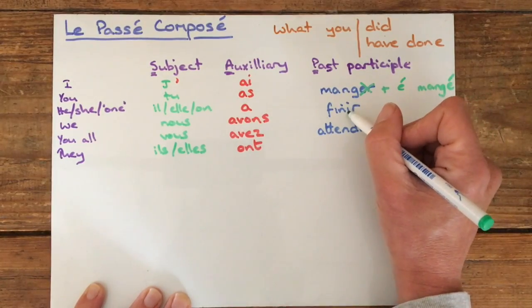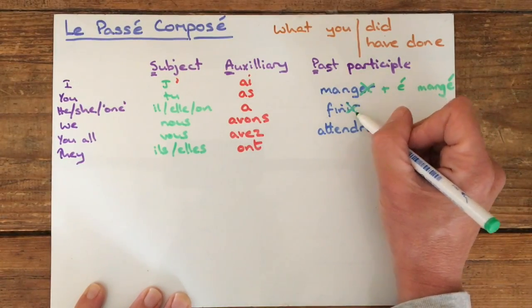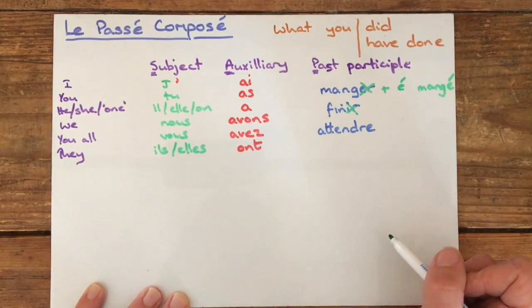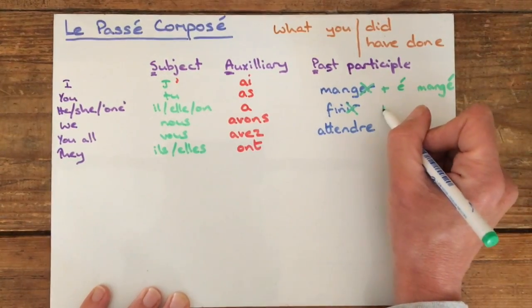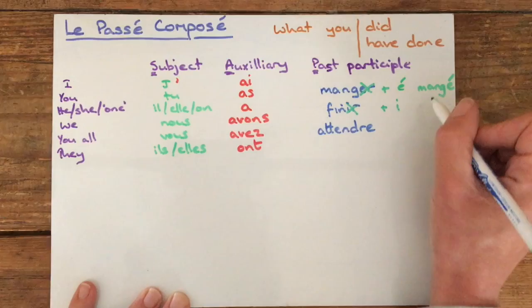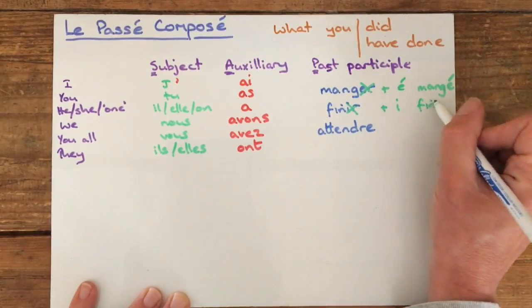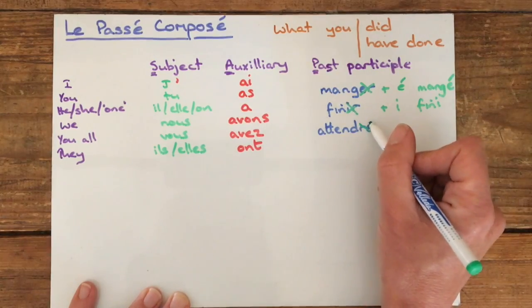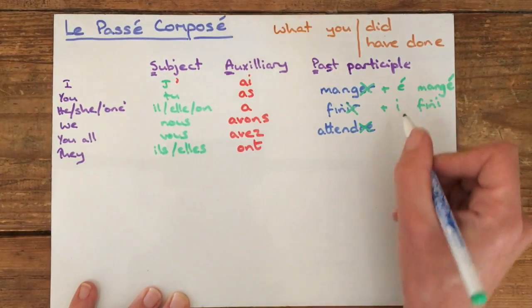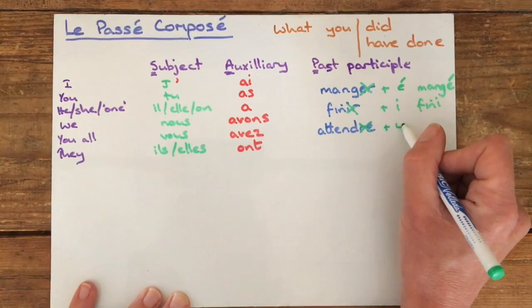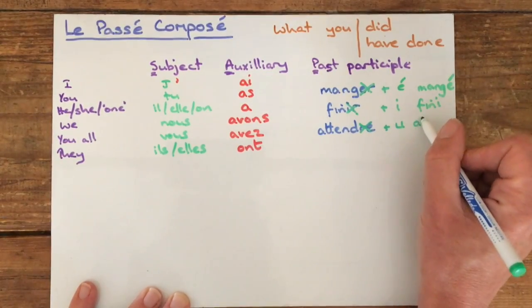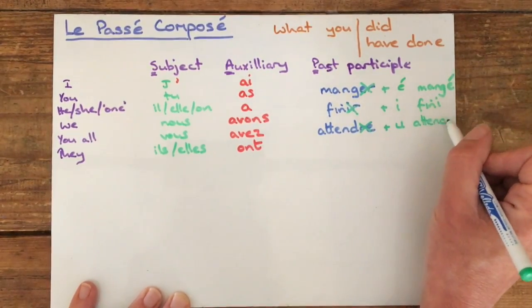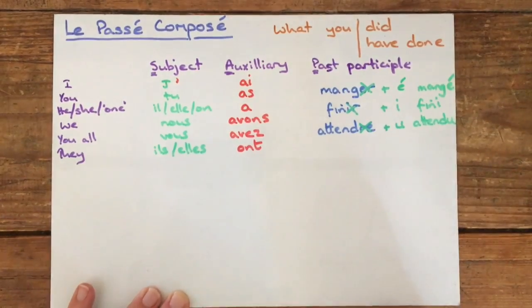Finir. Let's take off that infinitive ending, the IR, and we're going to add an I back on. Fini. And the RE, we're going to take off the RE infinitive ending, and we're going to add a U. Attendu.